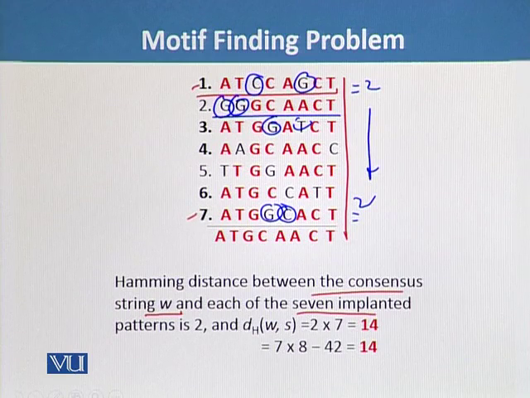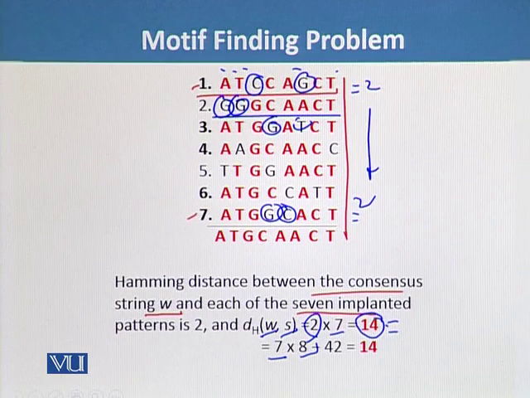So we can calculate very easily the Hamming distance W, S. 2 is the distance and the number of sequences is 7, so it is calculated as 14. In the other way, in the motif finding problem, we can see here that 7 is the number of DNA sequences, and 8 is the size of the motif, and we have to multiply them.